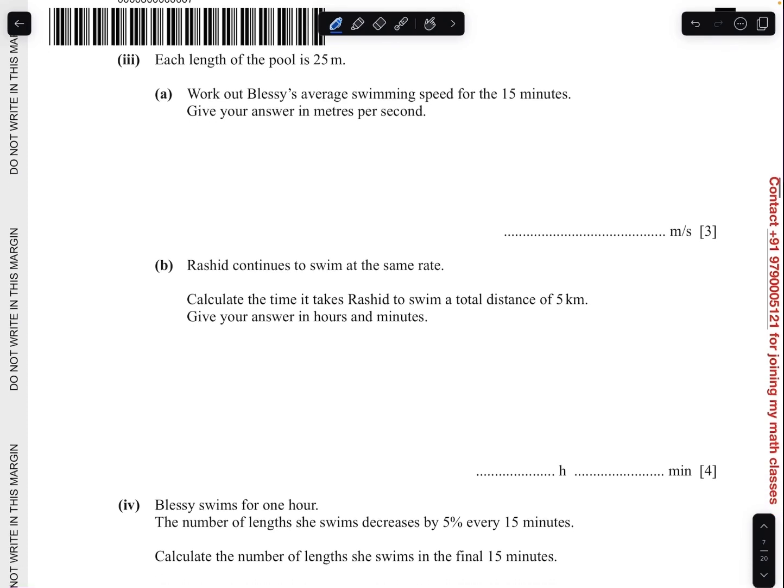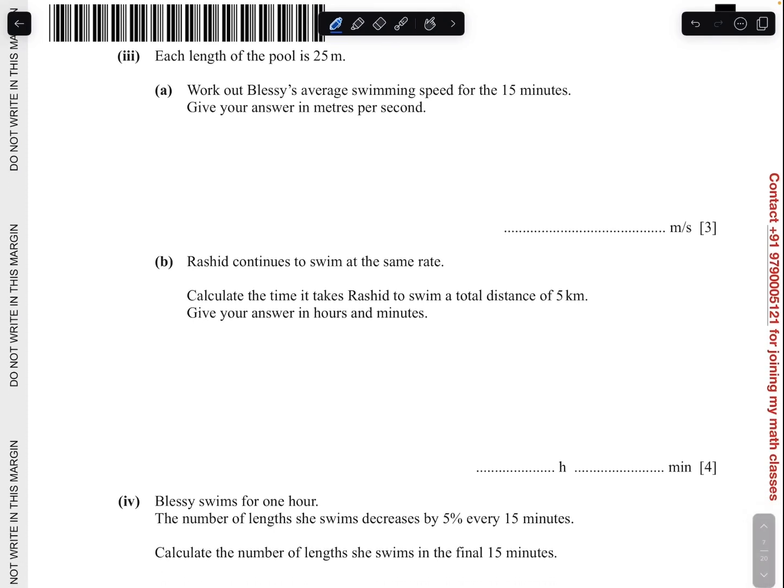Subdivision 3. Each length of the pool is 25 meters. Now with this we have to work out for A and B. Work out Blessy's average swimming speed for the 15 minutes.